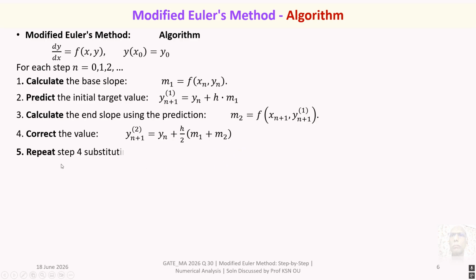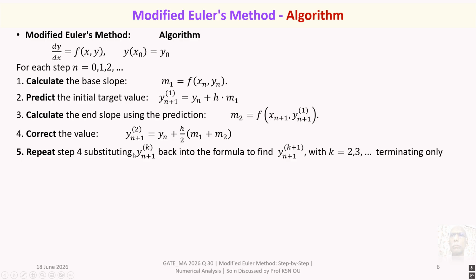Now repeat step 4, substituting yn plus 1 superscript k back into this formula to obtain yn plus 1 superscript k plus 1, the next one, with k is equal to 2, 3, and so on and so forth.